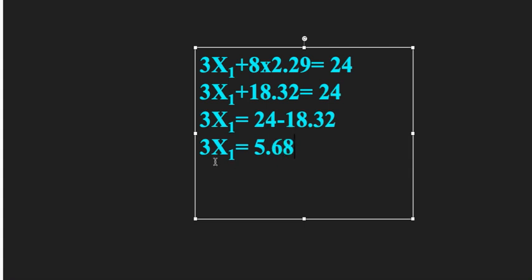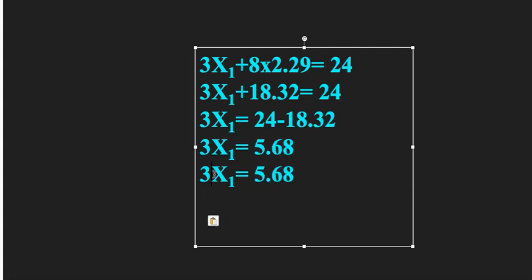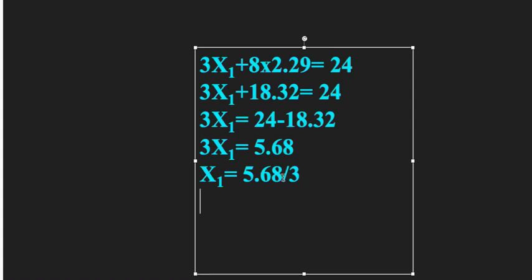When you deduct it, we are going to get 5.68, right? Because 3x1 is equal to this, we are going to divide it by this 3 value, 5.68 divided by 3. When we divide 5.68 by 3, we are going to get 1.89. That is, the value of x1 is equal to 1.89.